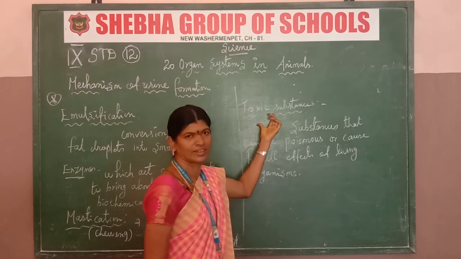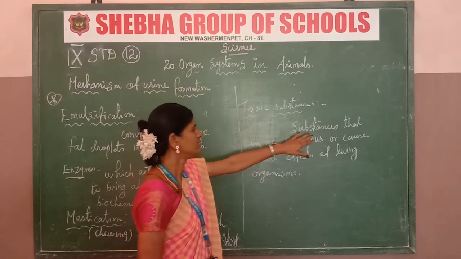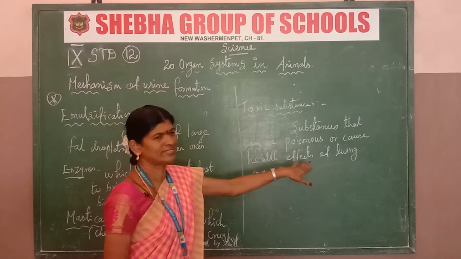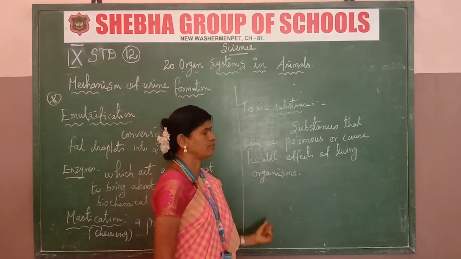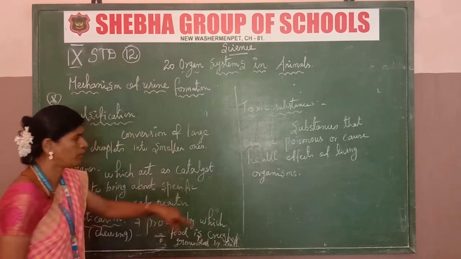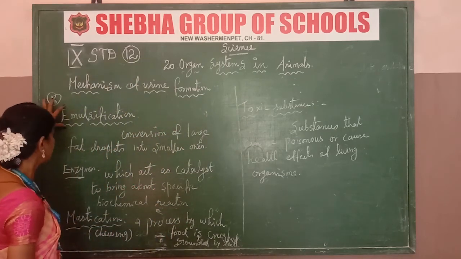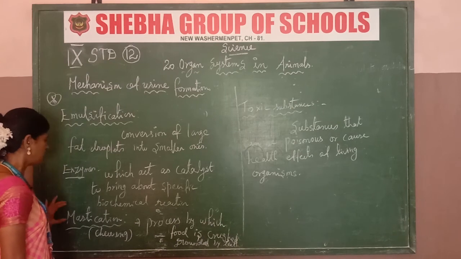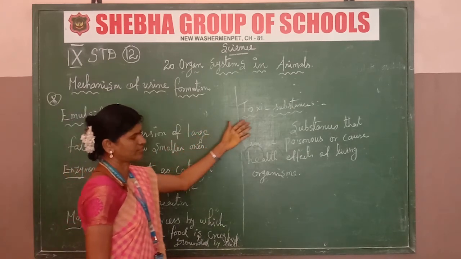Many times I ask about toxic substances. These points are very important. The key points: emulsification, enzymes, mastication, and toxic substances.